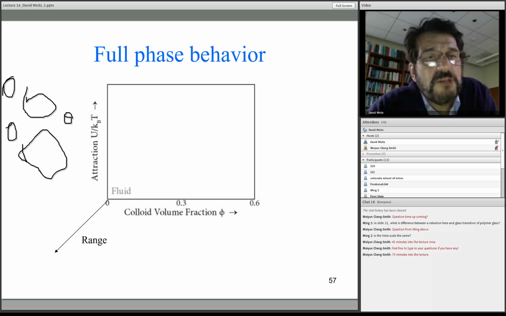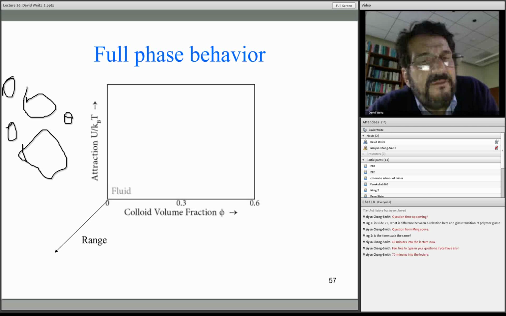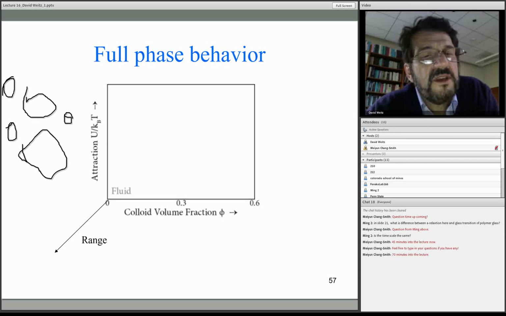If the two large particles come close enough together, then the small particles cannot fit between them. If they can't fit between them, they can't exert a pressure that pushes them apart. So there's a pressure that pushes them together, but nothing that pushes them apart. And that's the depletion of the small particles from between the large particles.